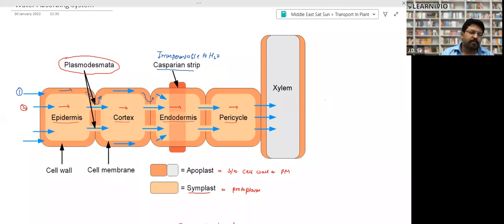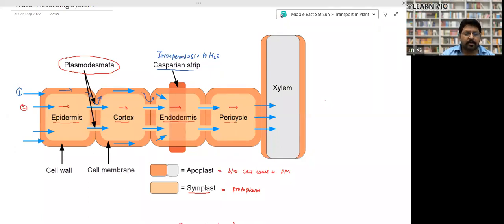Now the second one is the symplastic pathway. Water enters inside the cell, right? And then it enters into the vacuole. From one vacuole, it will move to another vacuole with the help of plasmodesmata. Here, the water is moving through the inner pathway. So this is called symplastic pathway.